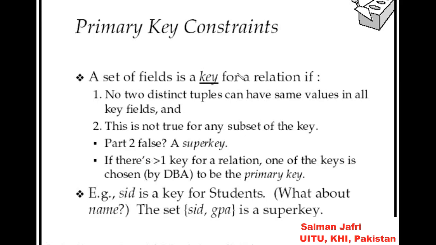Now let's look at primary key constraints, right? And what is a primary key constraint? A set of fields is a key for a relation if, number one, no two distinct tuples can have the same values in all key fields, right? So we are referring to all key fields. It means that a key can be a single field, or a combination of fields.